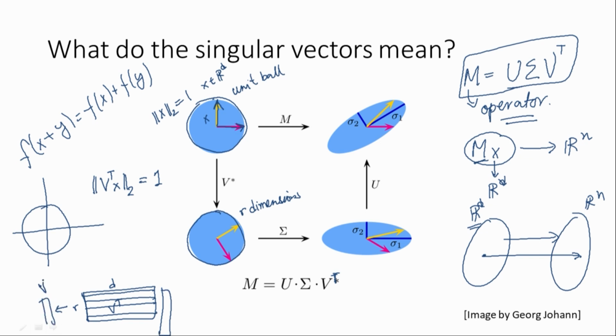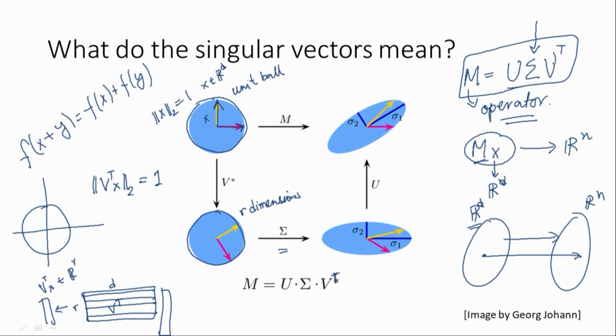V transpose x belongs to R^r. It's like saying you have taken a unit ball that I've drawn in 3D and put it in a smaller dimensional space, but the shape of the unit ball has not changed. The unit ball still looks like a unit ball.